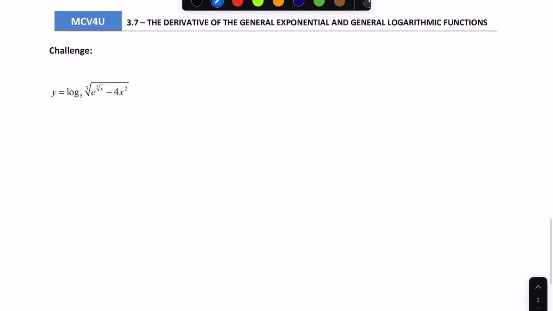Let's move on to this last question, a bit of a challenge question here. So here we have y is equal to log base 5 of the cube root of e to the power of cube root x minus 4x squared. First thing we're going to do here is rewrite it in exponential form.